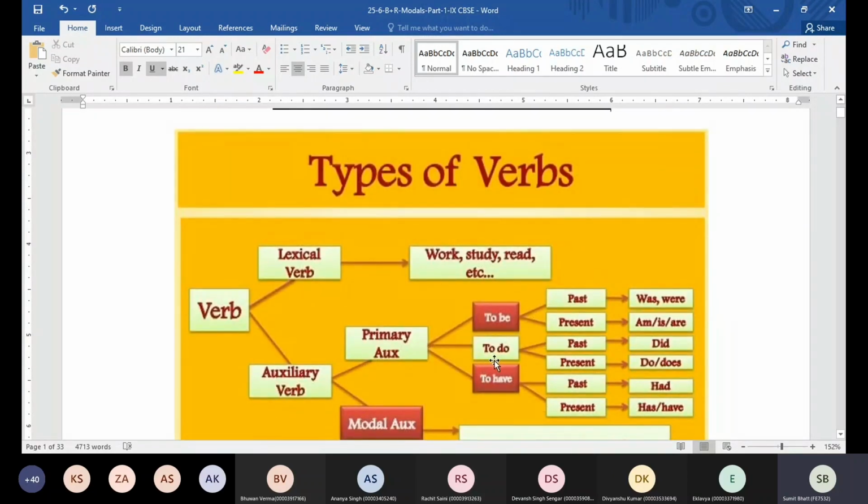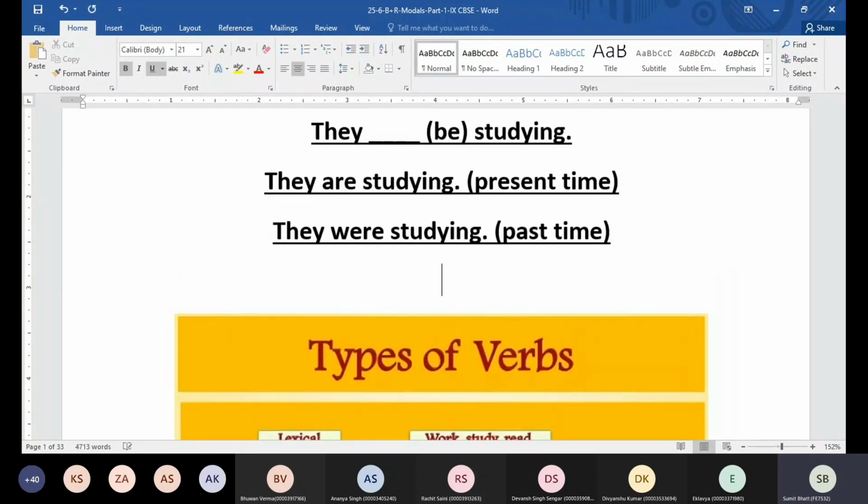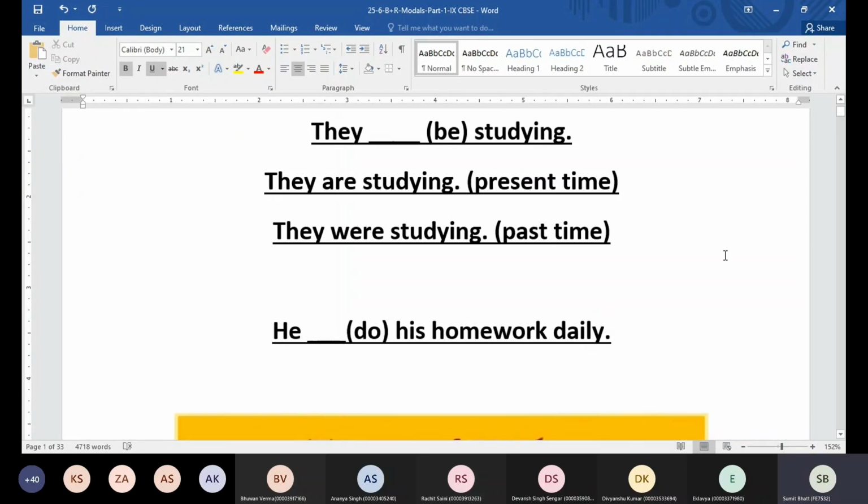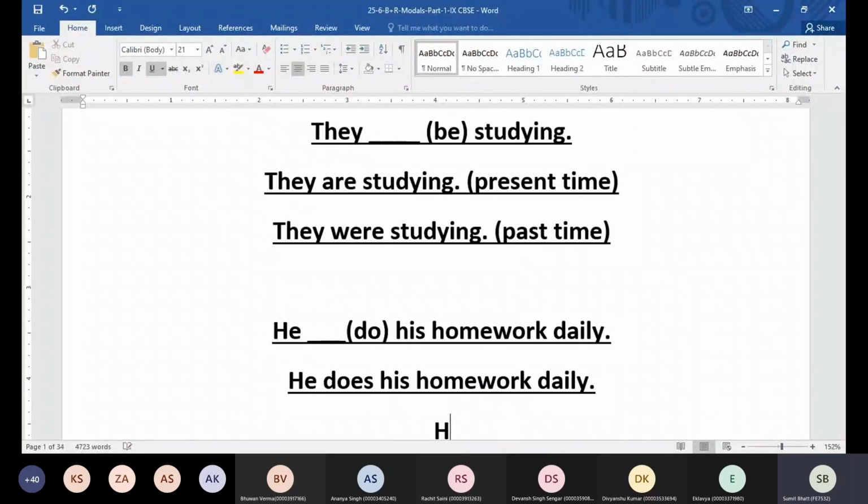Now the second type of primary auxiliary, primary helping verb, is going to be do, does, and did. So we call them to do. For example, we have "he ___ his homework daily," and we have to put do here. What am I going to use? He does his homework daily. Or I can say he did his homework daily.